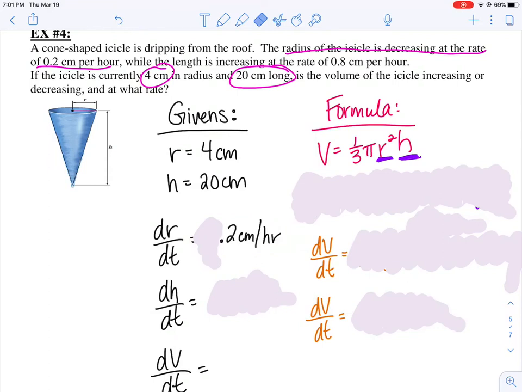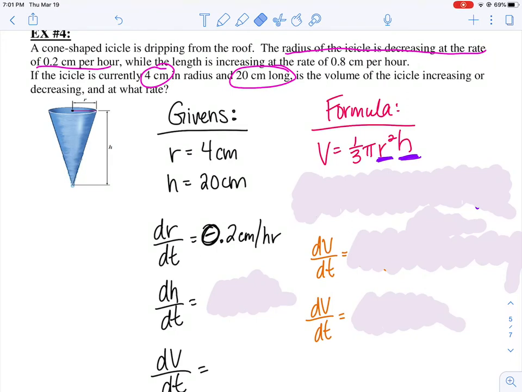Now it's important that you label this correctly. Did you say 0.2 centimeters per hour? But be careful. Did you say negative 0.2 centimeters per hour? Because it's decreasing, we have to represent that mathematically with a negative so that we know that it's decreasing and the radius is not actually increasing. Okay? All right. What else does it say?